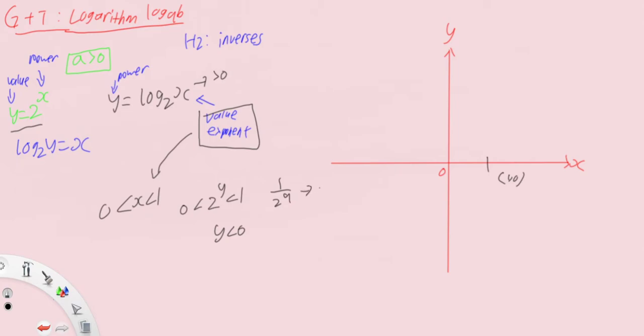If this approaches 0, 2 power a must be a very big number, because 1 over a very big number is very, very, very small. As such, we can write it as 2 power a approaches infinity. So we have the first portion of the graph that is like this, and it tends towards infinity. For the H2 Math students, I'm going to write this in blue: we have the asymptote x equals 0.